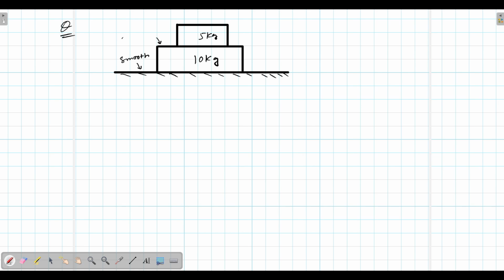So question is given to find the acceleration of the block and force of friction between them.